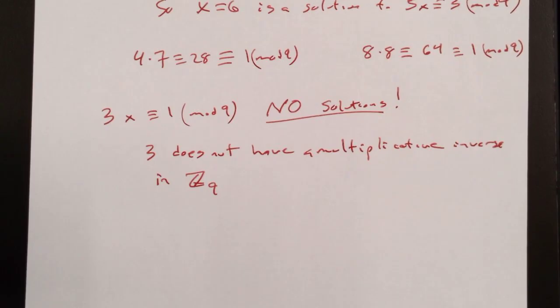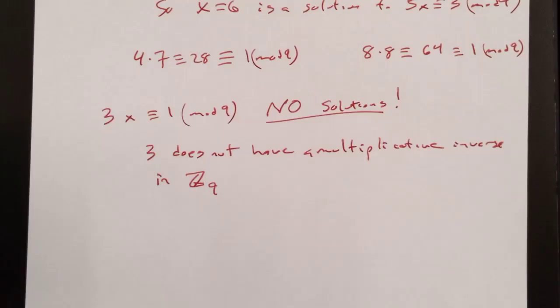But that makes sense. You shouldn't be able to divide by 0 anyway. Why? What's different about that number than 2, 5, 4, 7, and 8? Okay, every single multiple of 9 is also a multiple of 3. I can't ever end up with something that's 1.